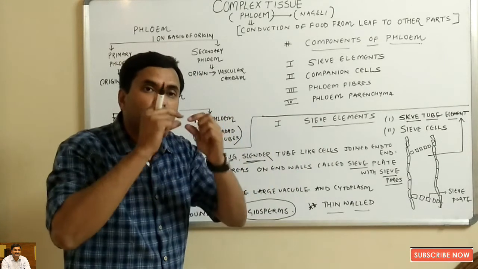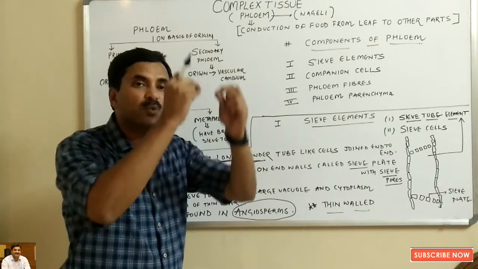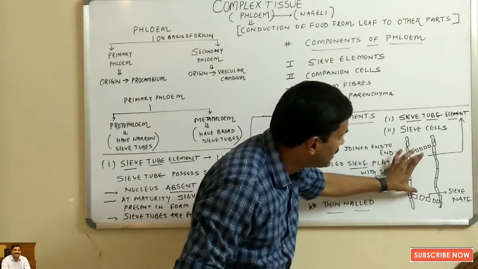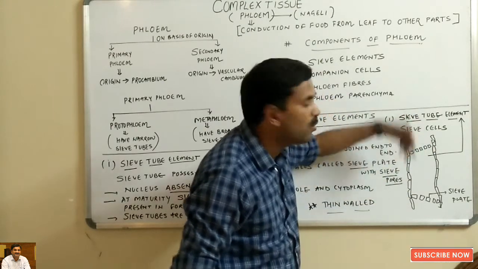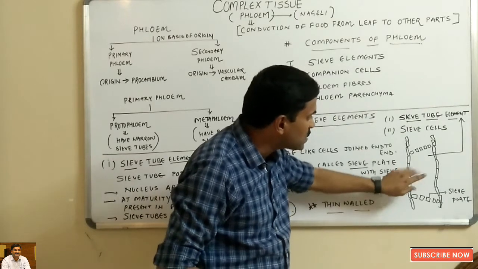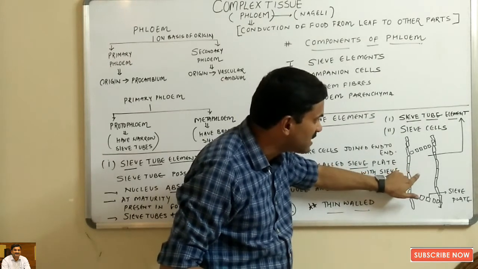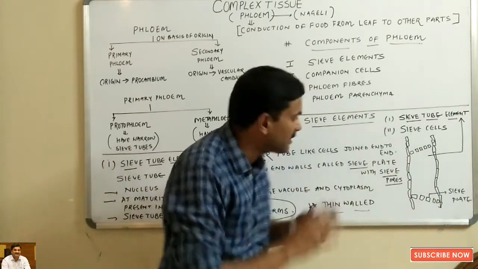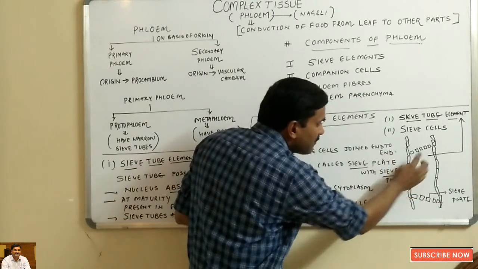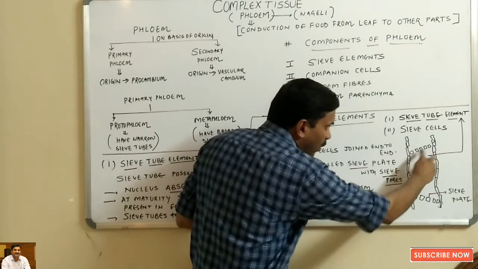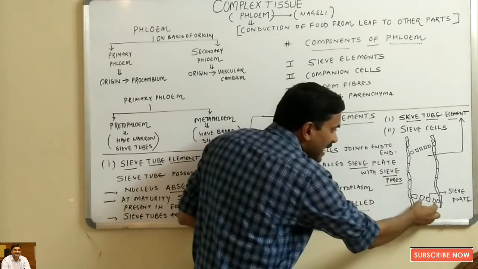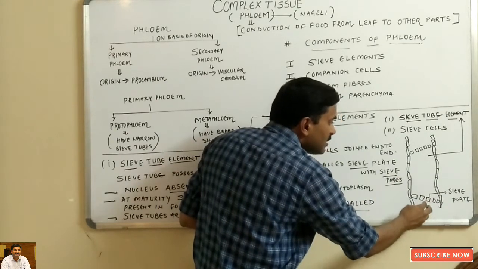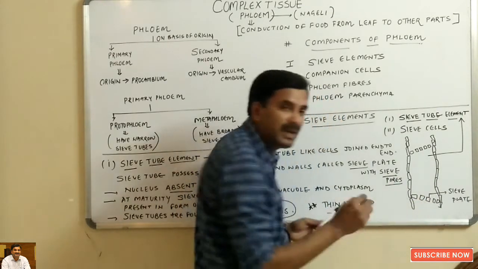This means one sieve tube element is placed over another sieve tube element. If this is one sieve tube element, then another sieve tube element will be placed above this. At the ends of the sieve tubes, end walls are present. If this is a sieve tube, then this is the end wall, and this end wall has a sieve plate. This sieve plate is made up of many sieves.